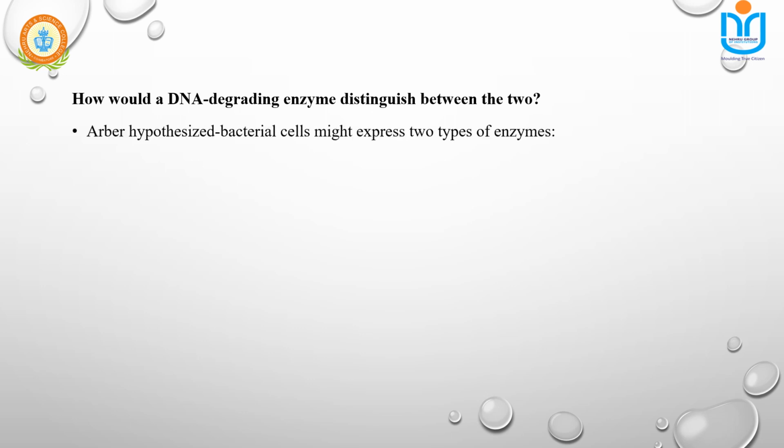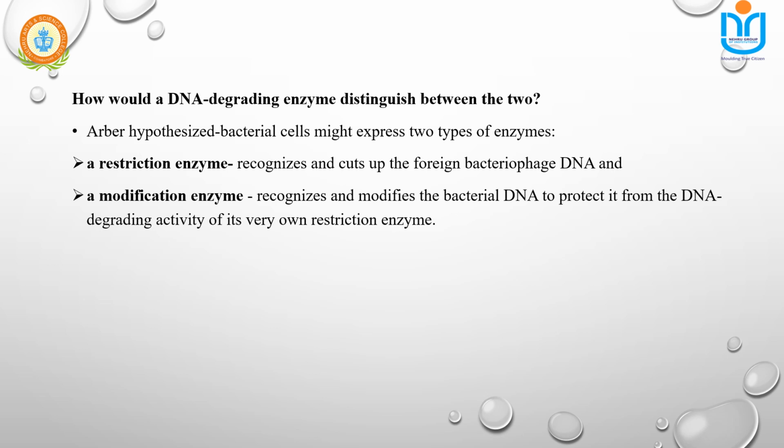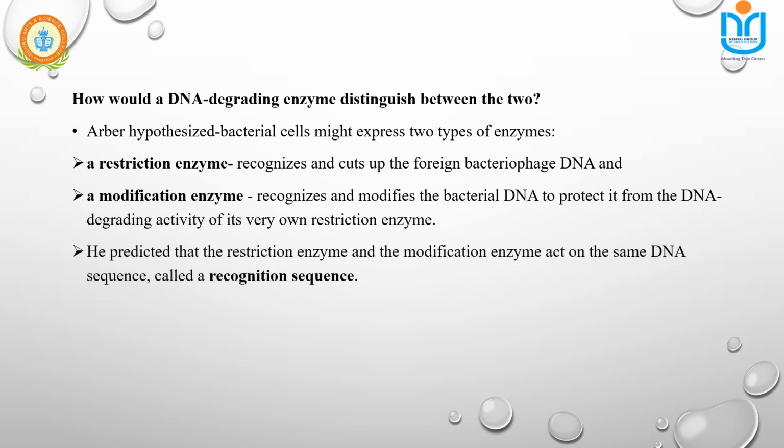Arber hypothesized bacterial cells might express two types of enzymes: a restriction enzyme, which recognizes and cuts up the foreign bacteriophage DNA, and a modification enzyme, which recognizes and modifies the bacterial DNA to protect it from the DNA degrading activity of its very own restriction enzyme.